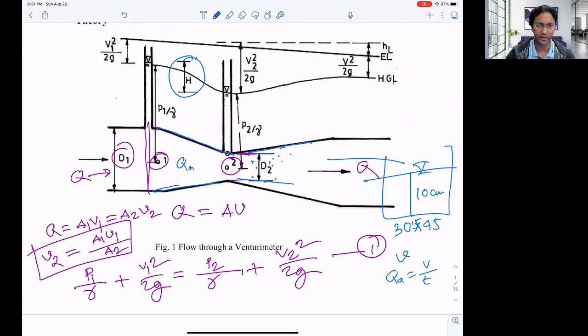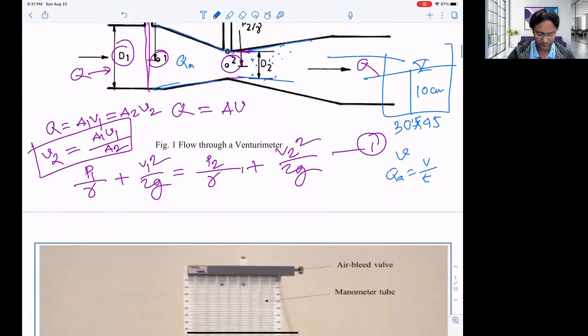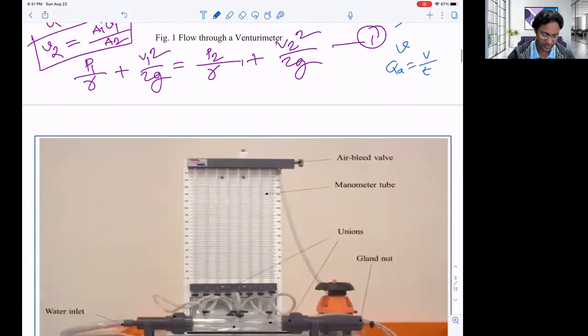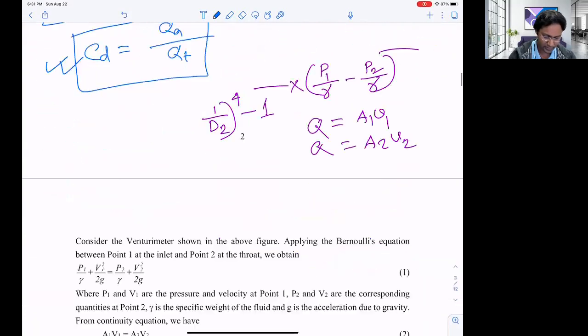We don't want the theoretical flow rate, right? We want the actual flow rate. In order to know that, we want to make the equation simple only by understanding the difference between this level and this level. So how can we make that equation? Let's see. We can proceed with the equation, and then we'll calibrate.